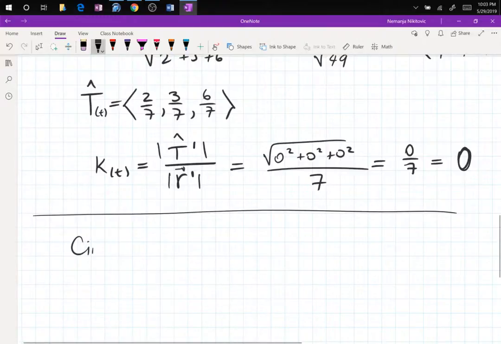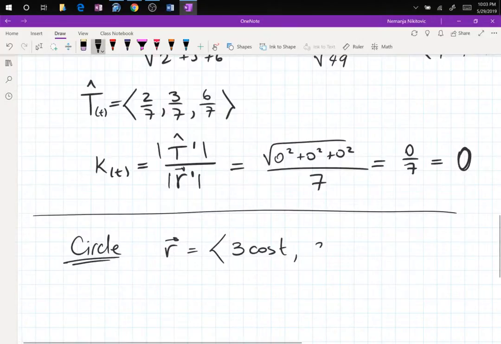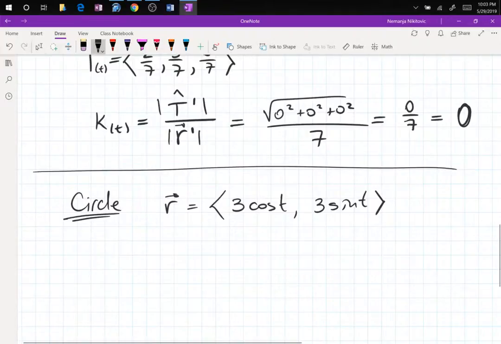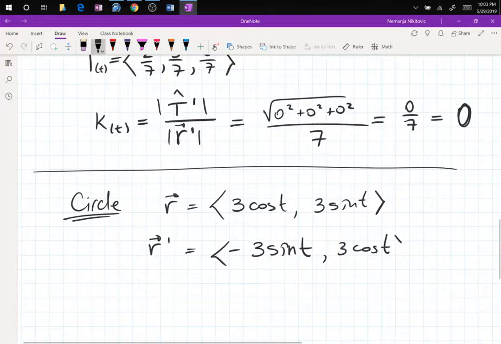Circle. Curvature on a circle. R is given as, let's go with 3 cosine t, 3 sine t, radius is 3. And to find the curvature, we have r prime as negative 3 sine t, 3 cosine t.